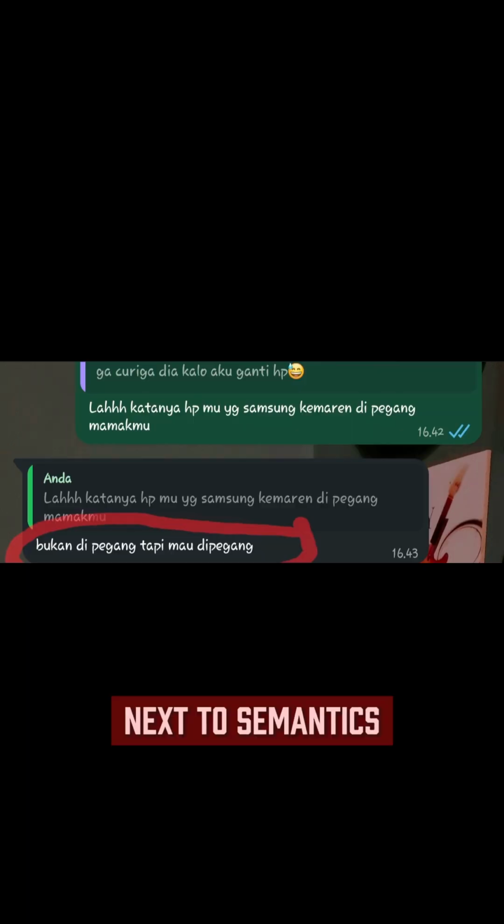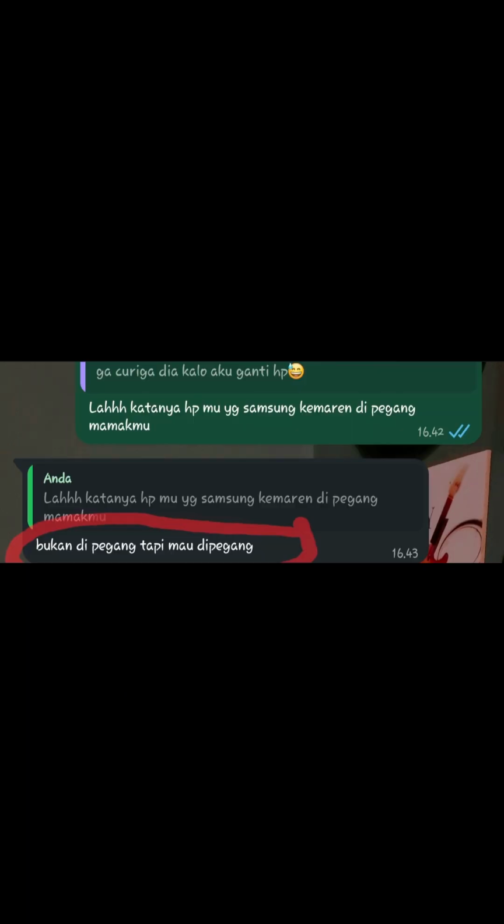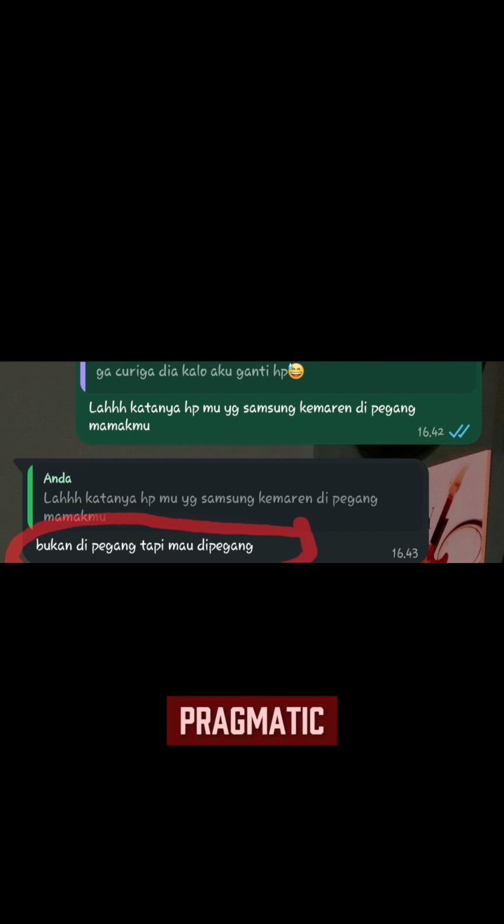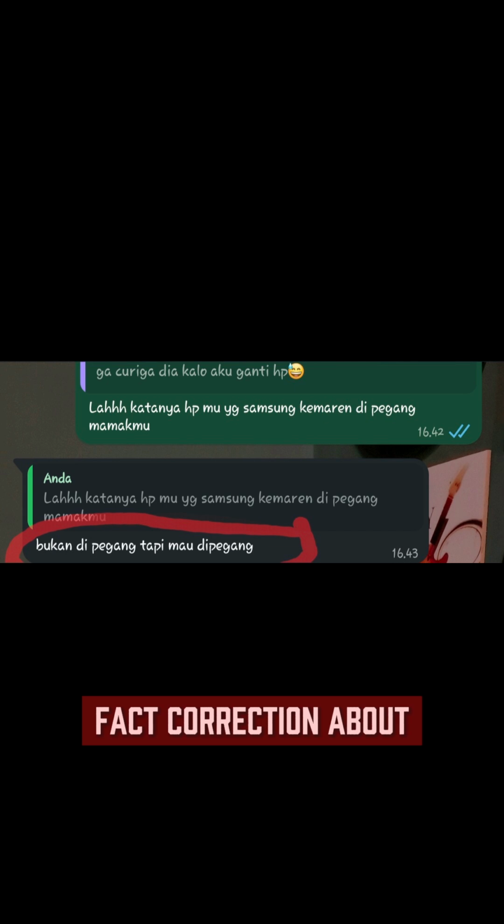Next, semantics and pragmatics. Let's look at meaning. Notice the phrase: Bukan dipegang tapi mau dipegang. Not held, but about to be held. Semantically, this is a fact correction about the phone's status.